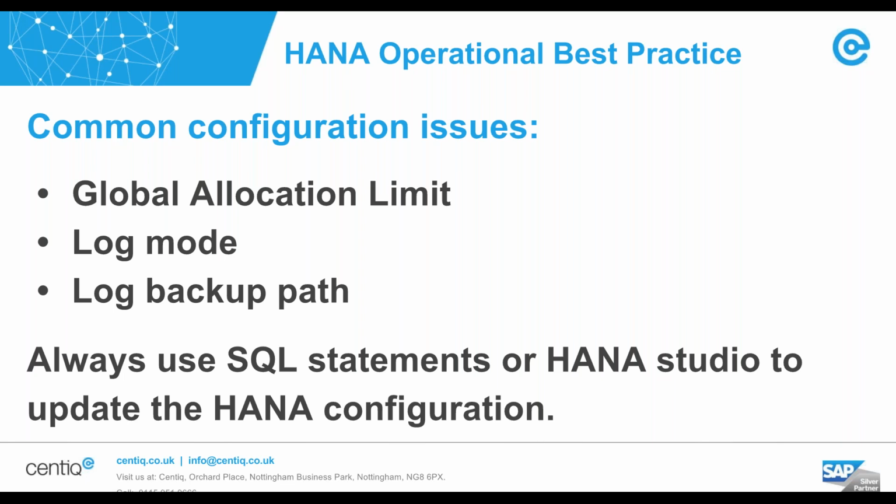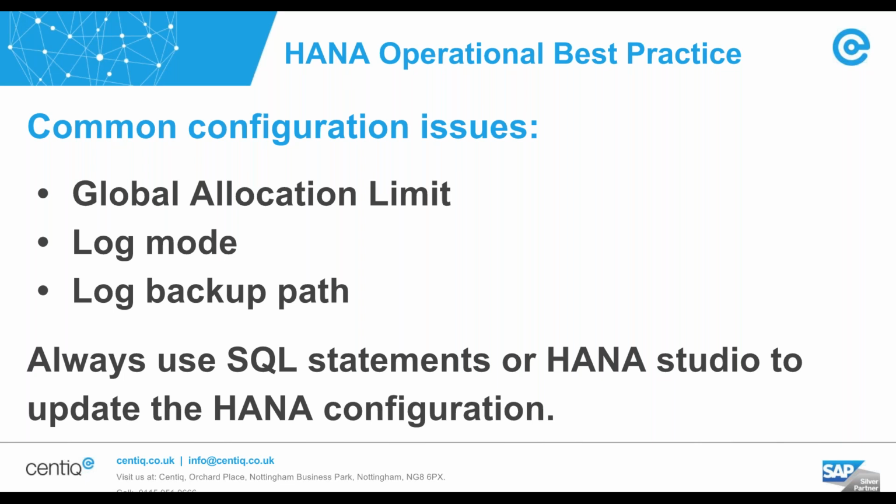One of the main things that we see go wrong on HANA systems is the global allocation limit being set incorrectly. The global allocation limit in HANA is the amount of memory that can be allocated to all the HANA processes combined. By default, there is an algorithm which figures out what HANA thinks that memory limit should be.